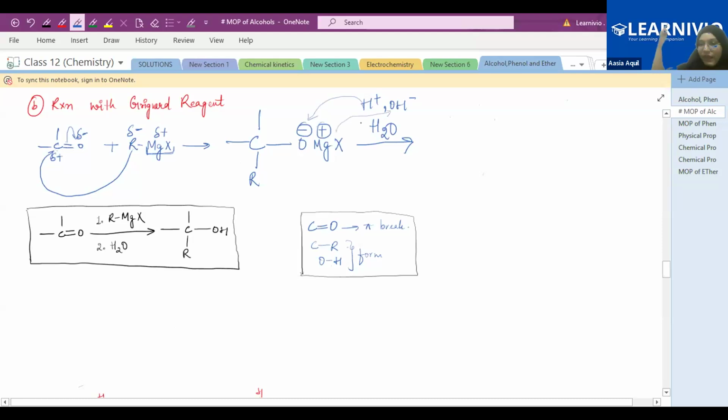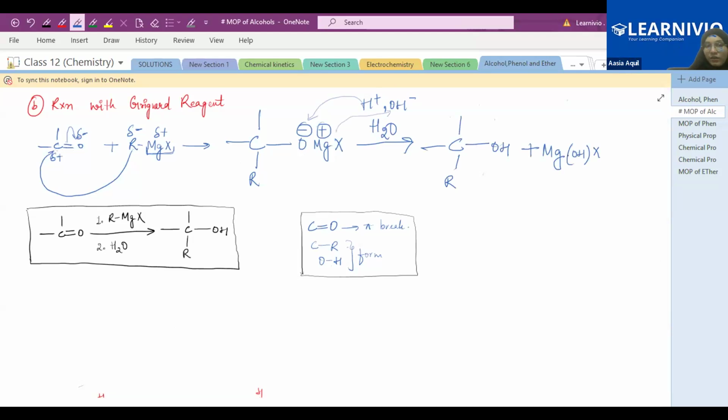Okay, so positive, negative, and then negative, positive. Just like that. Just make the bond, this R group as it is. And here, OH. The alcohol will be formed, plus the byproduct will be MgOHX. Okay, so that's the whole mechanism of how the reaction occurs.